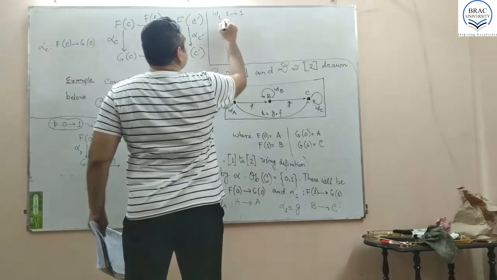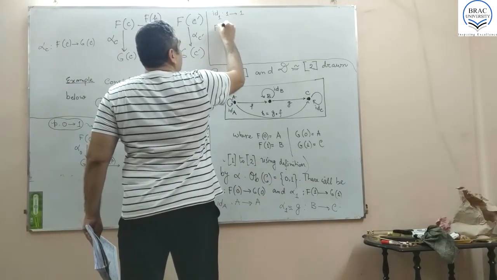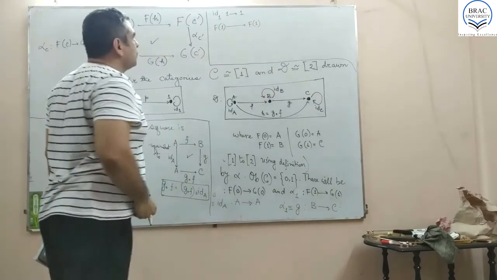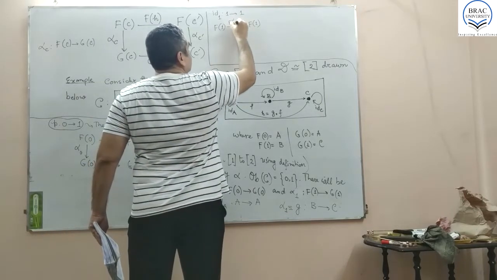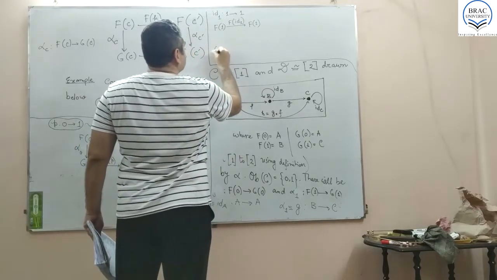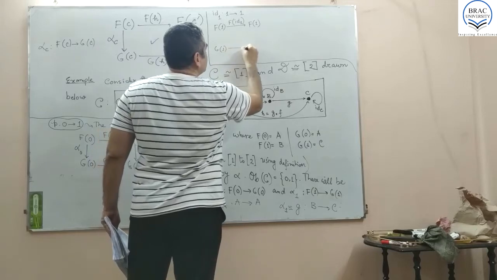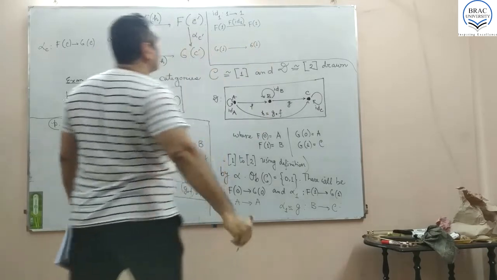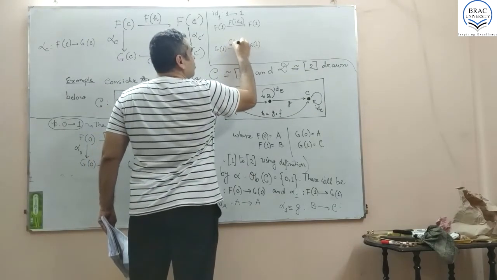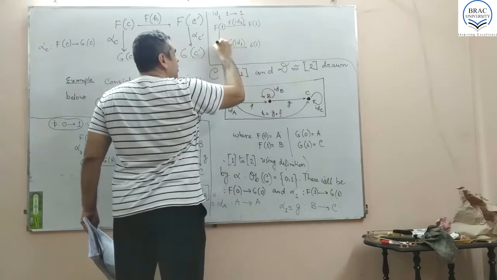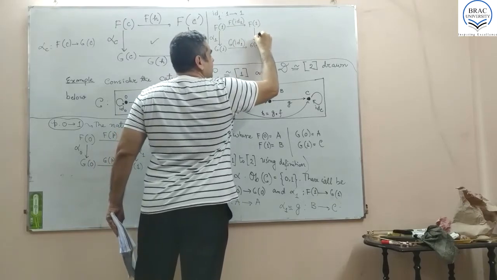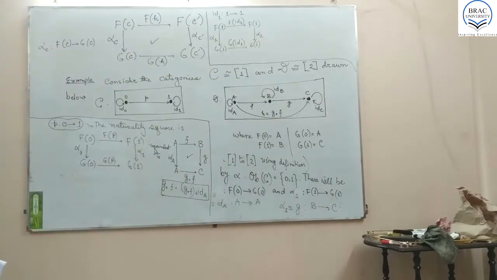In this case, we have F of 1 mapped to F of 1 by the morphism F of ID1, and G of 1 gets mapped to G of 1 by G of ID1, and there is the one component of the natural transformation alpha, and again the one component of the natural transformation alpha.